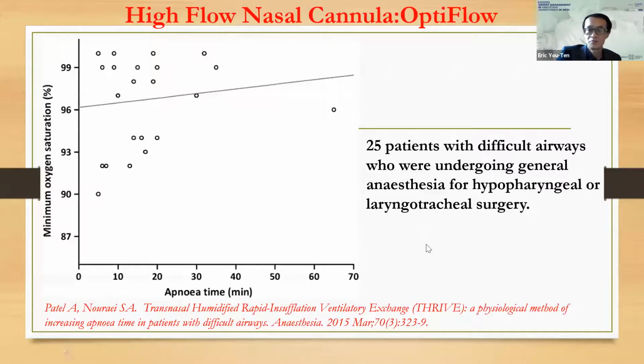And a talk on pre-oxygenation and apneic oxygenation cannot be without the high flow cannula. This is a classic paper by Anil Patel, showing that apneic oxygenation can be sustained in patients for as long as up to an hour. Even in some obese patients, it is prolonged.